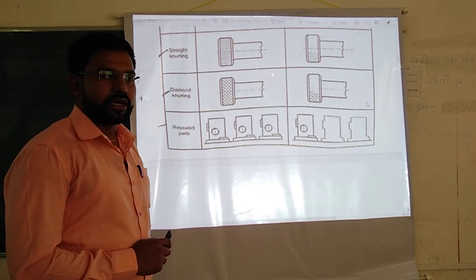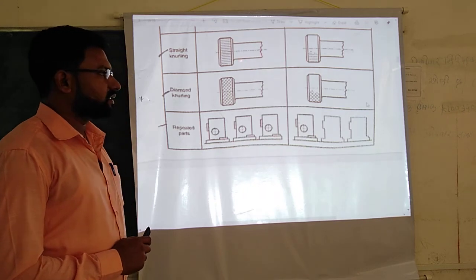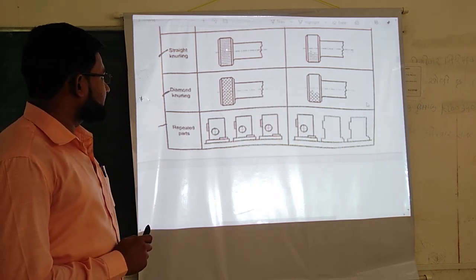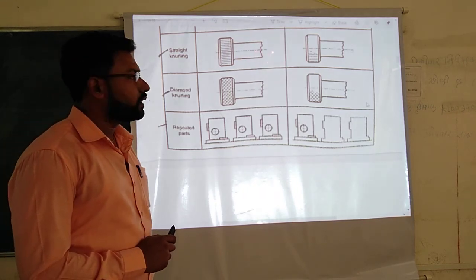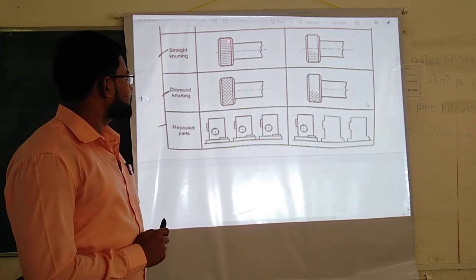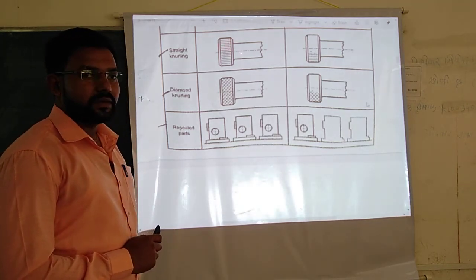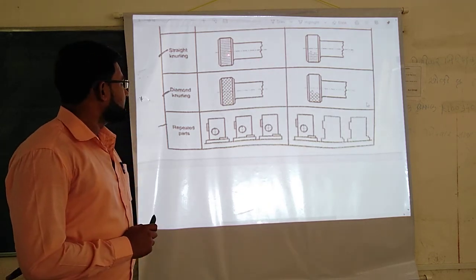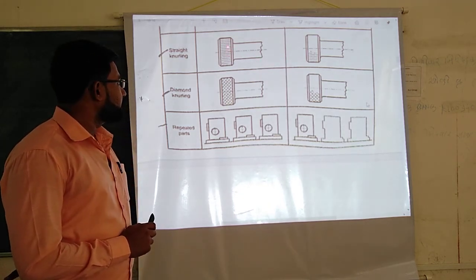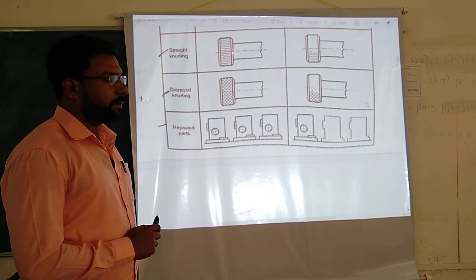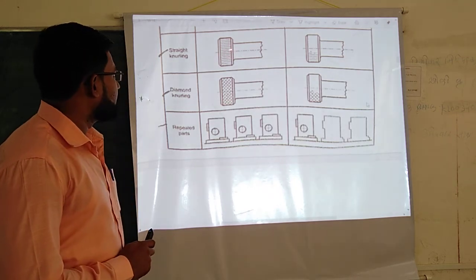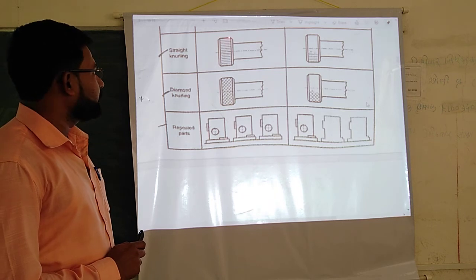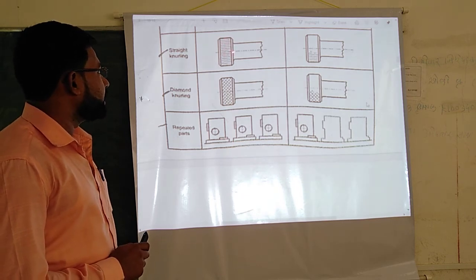If you rotate the knob, then sufficient grip is needed. If the surface is polished and knurling is not done, there may be chances of slipping, or more physical effort will be required. So to avoid this slipping and to provide grip, knurling is provided.